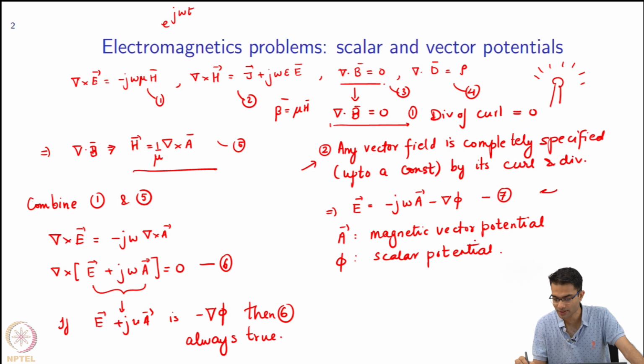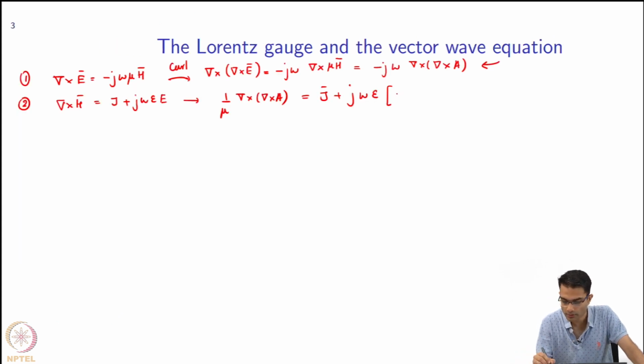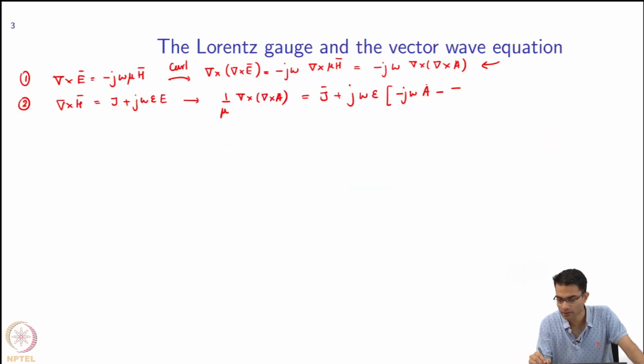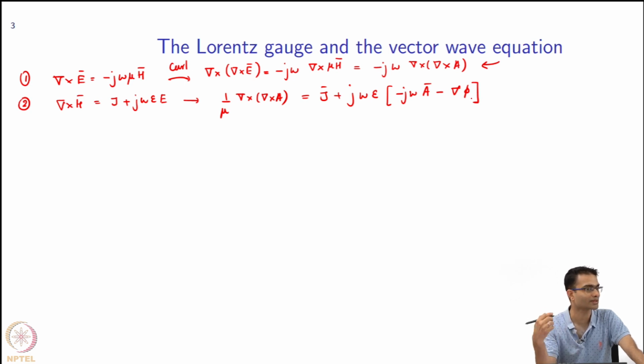So what is equation 7 saying? E is in terms of A and phi, right. So this becomes minus j omega A minus grad phi, which is actually what I want, because I wanted to get rid of the fields and have some relation purely in terms of these new quantities that I have got. So the first equation was giving me a bit of a trouble, because then I have del cross E. What do I do with that, right? So that route will also bring us to the same point. This is a shorter route.